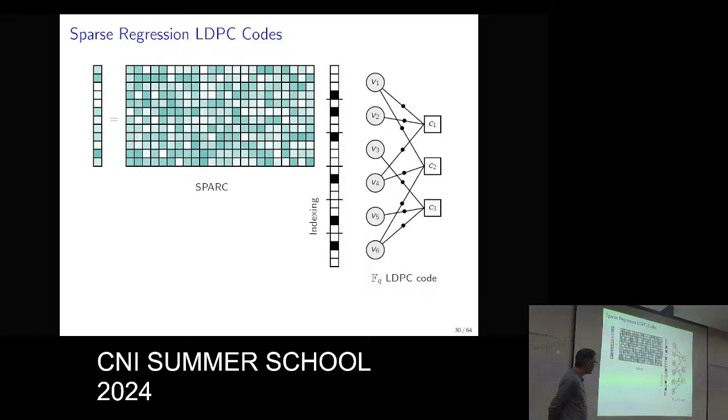It turns out that one of the natural picks, although it may not be the only one, for your outer code is to use an LDPC code. And one thing that seemed natural to me is to pick the LDPC code over a non-binary alphabet, here denoted by F_q, that matches the size of your blocks.